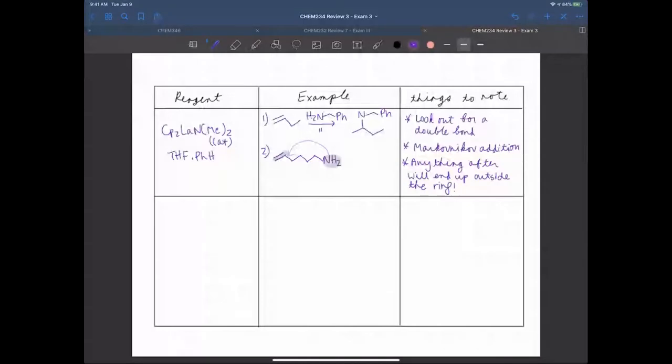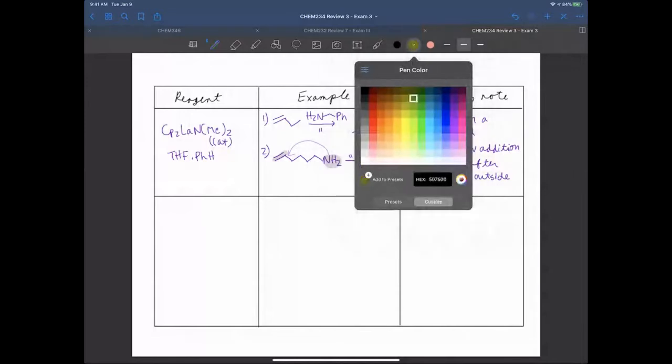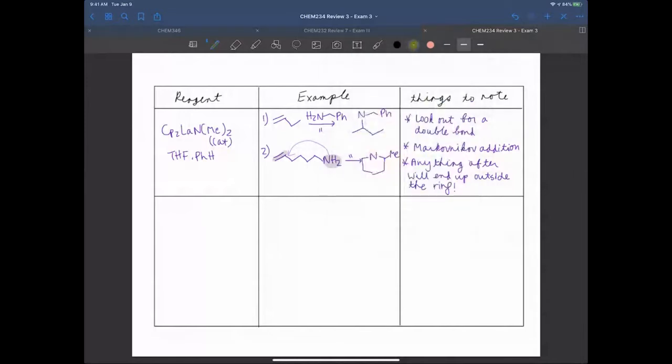Let's see. So when I have this reagent, I'll get this product here. Okay. So these are things that you are probably going to see as predicting the product kind of questions. It's really, really common. So at least now you guys should have an idea of what's happening.